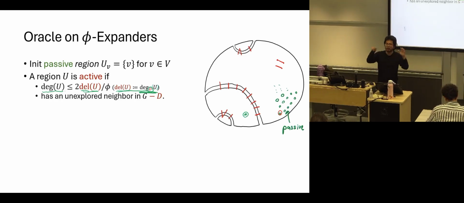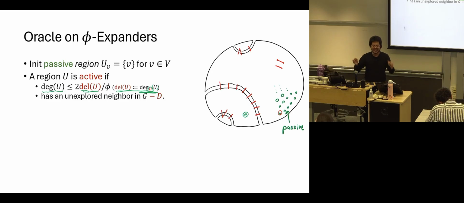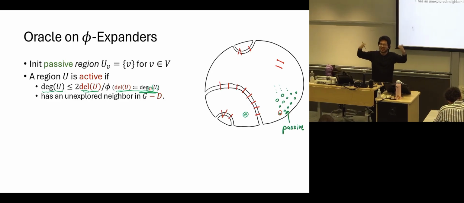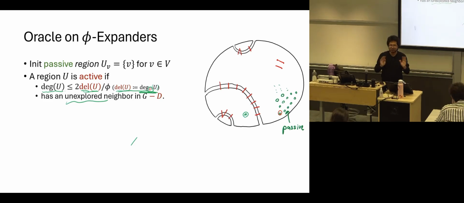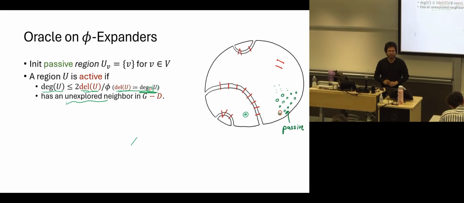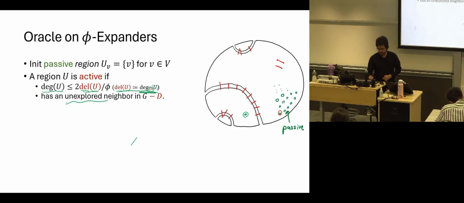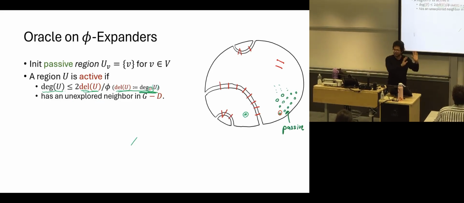We will keep exploring, but if we explore and get stuck, then we claim that we are done with it and it's not active anymore. So only a region that we are not done exploring yet is claimed to be active. Make sense? This is just the definition.